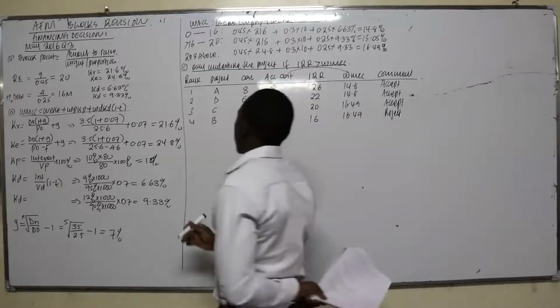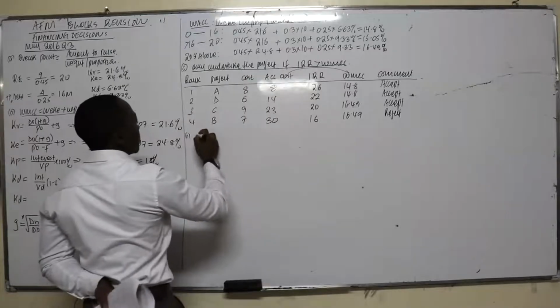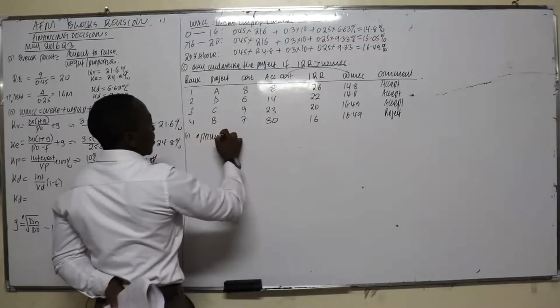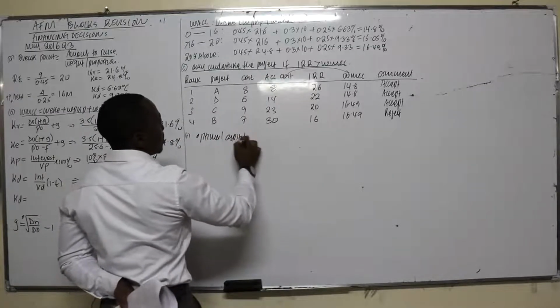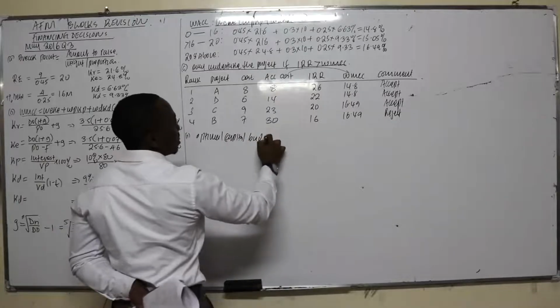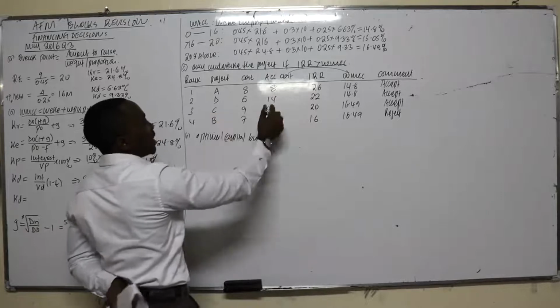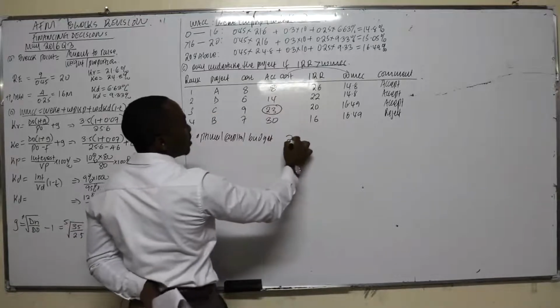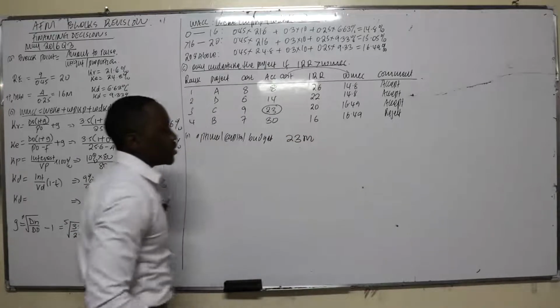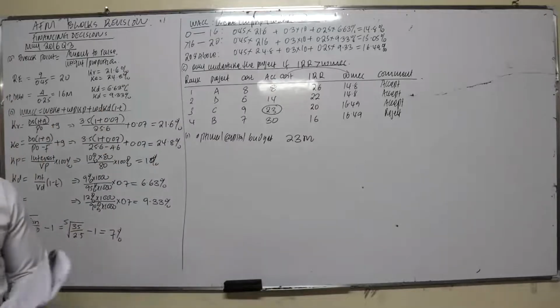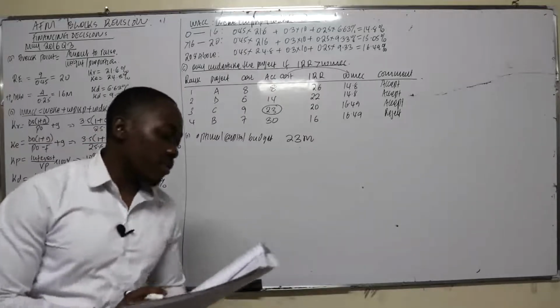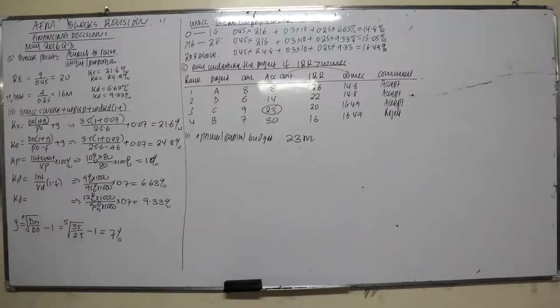So therefore, the optimal capital budget: you have to undertake the 3 projects, A, D, C, and their combined accumulated cost is 23 million. And that one answers even part 2 of the question, determine the optimal capital budget. Let's take a screenshot of that.